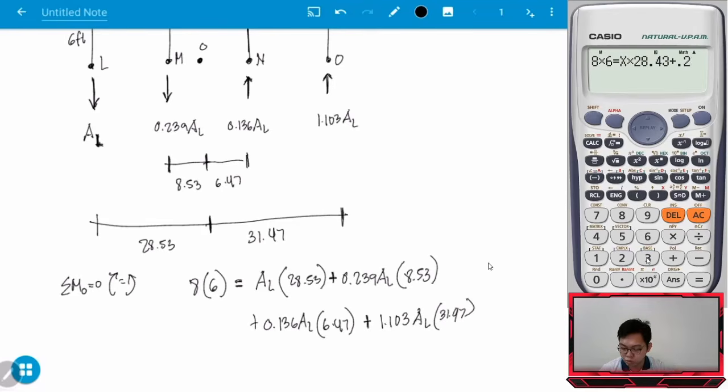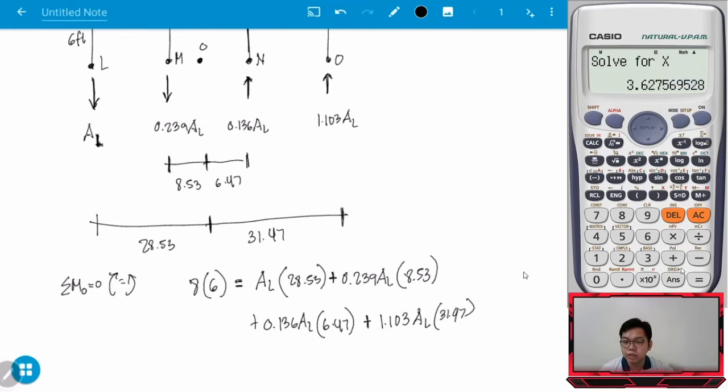Plus 0.239 AL times 8.53. And then plus 0.136 times 6.47 AL. Tama ba to? Okay, and then plus 1.103 AL, just yan yung X natin, with a moment arm na 31.47.